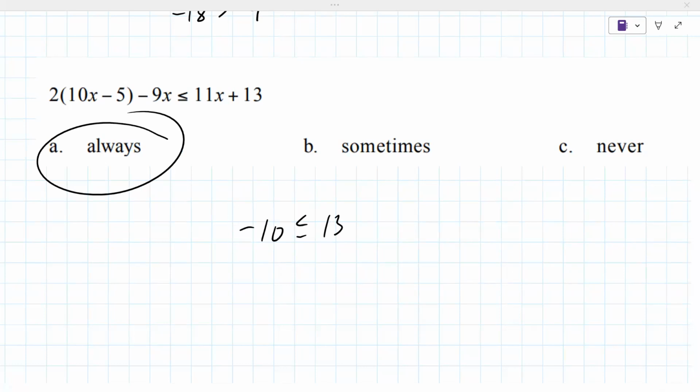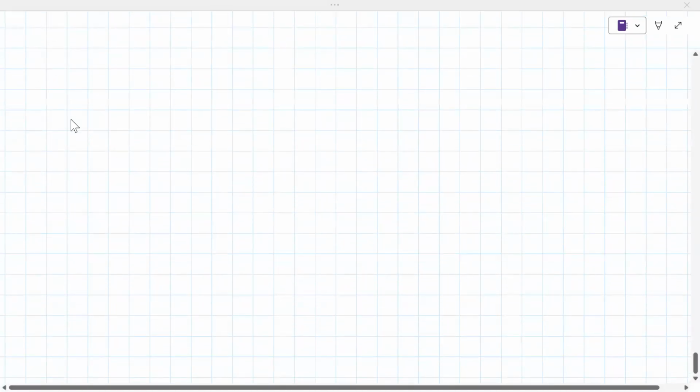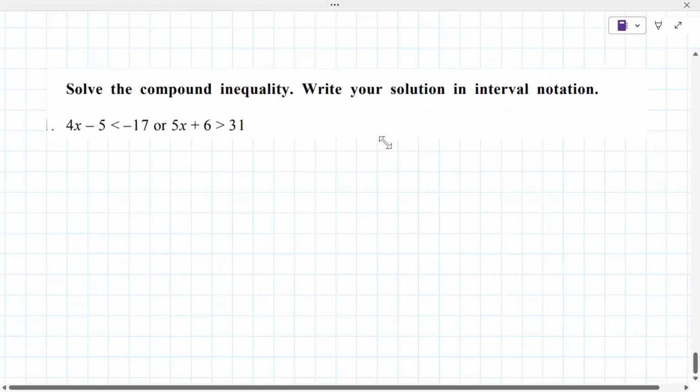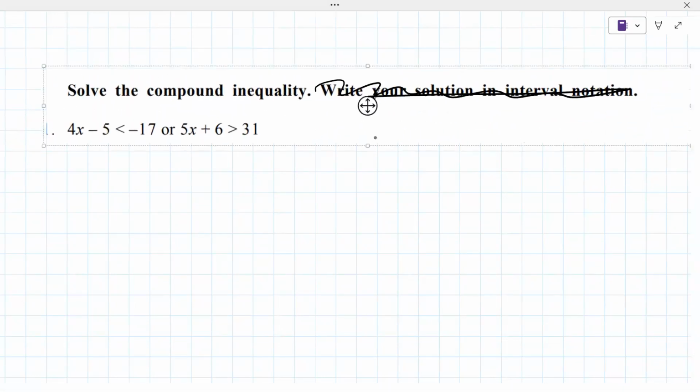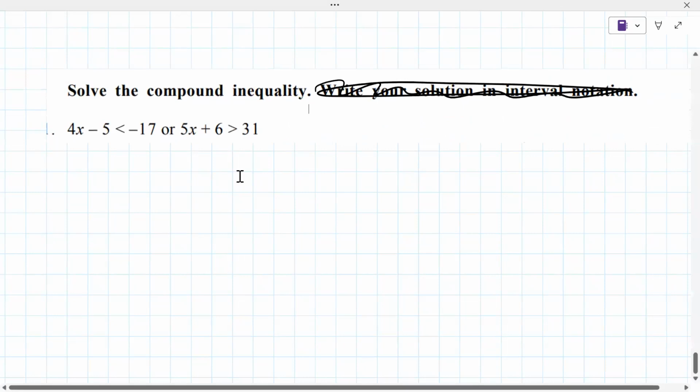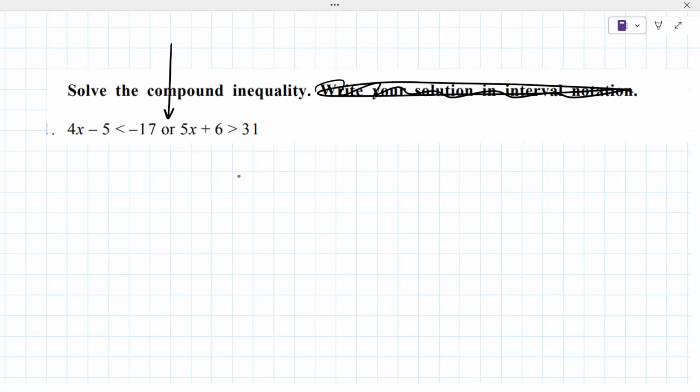Why don't I have you try an or? We haven't done an or problem yet. Just this part though, solve the compound inequality. Make sure you pay strong attention to that word there, that or, very, very important.